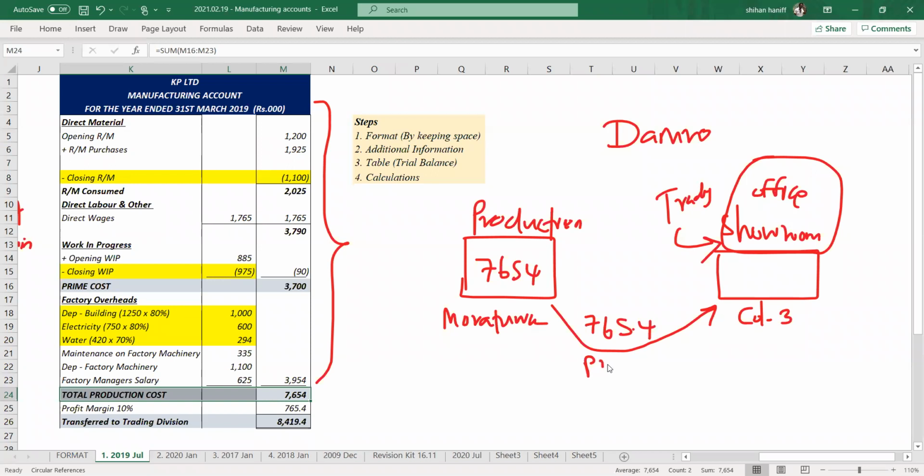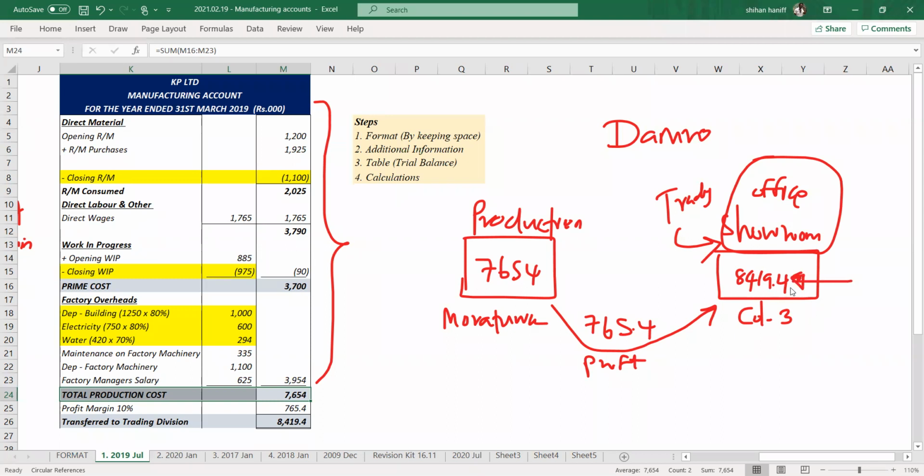Then for the showroom, their cost will be 8,419, similar to the cost of sales.